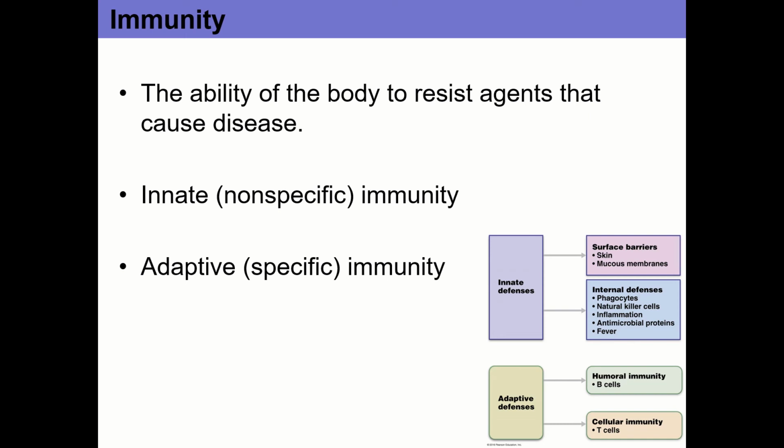That second line of defense is non-specific in that the cells that are part of it recognize things that are foreign to the body, things that are non-self. So you've got the phagocytes there. Phagocytes include 2 types of white blood cells: neutrophils and macrophages. The neutrophils and the macrophages are your phagocytes.